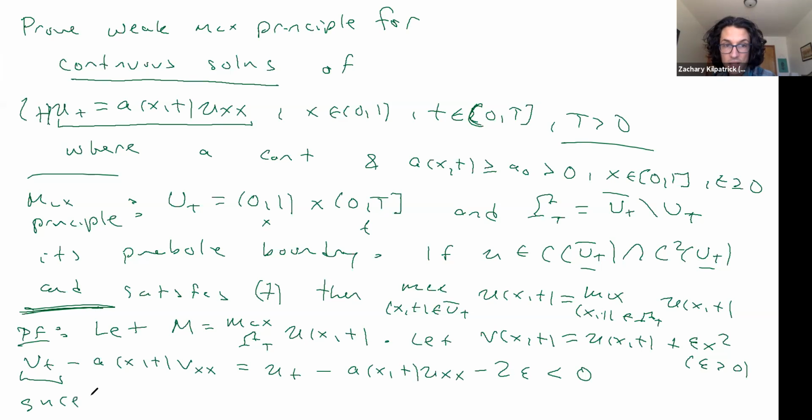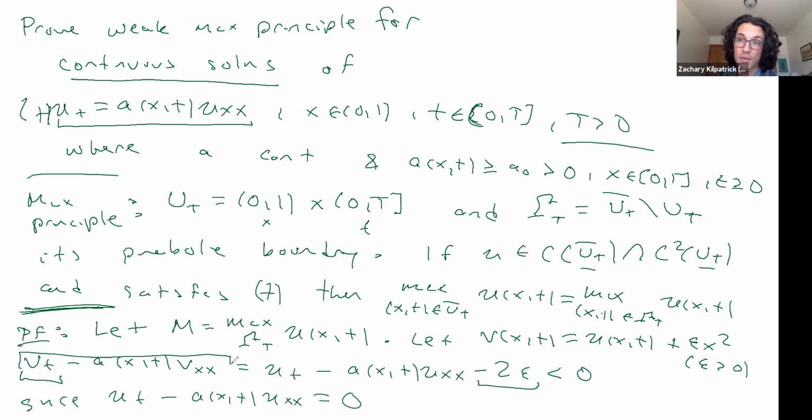Since u_t equals a(x,t) u_xx, that vanishes, and this is just equal to minus 2 epsilon, which is less than 0. So now we set up our contradiction. We know this has to be strictly less than 0.